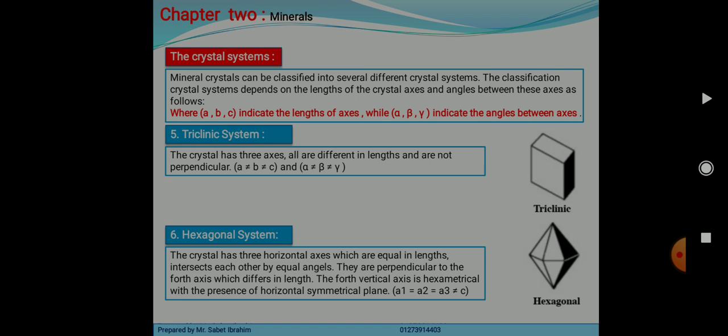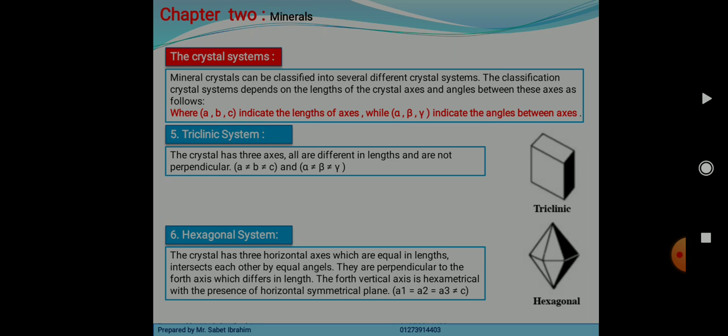They are perpendicular to the fourth axis. The fourth vertical axis is hexametrical with the presence of a horizontal symmetrical plane.